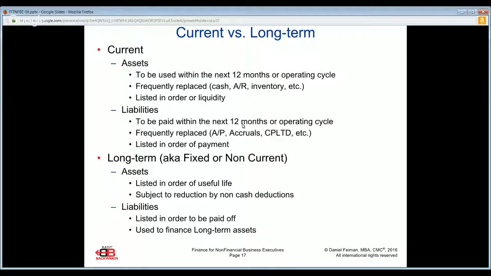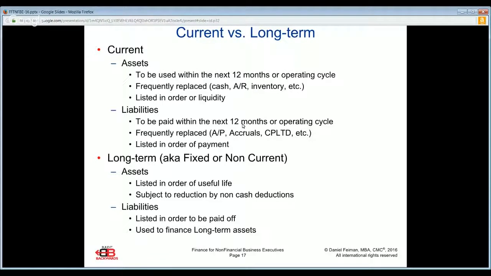Moving from the current to the long-term, which are also known as fixed or non-current. So you probably have noticed already, both in the first module and in this module, that accounting has a tendency to give the same item multiple names. It is common, it is the nature of accounting.